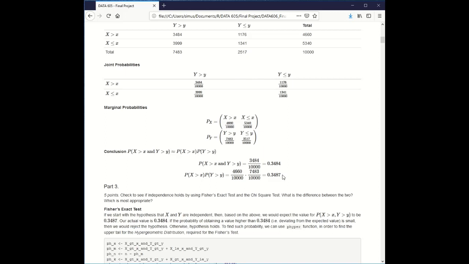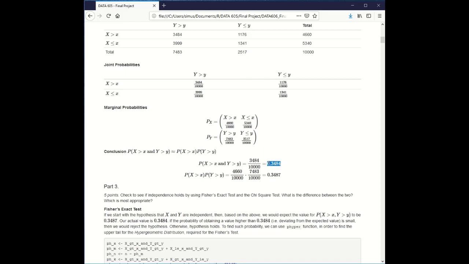So at the end we can say that the two sides of the equation are pretty much equal. When we multiply the probabilities of the two events independently, we get the value of 0.3487, which is what we expect if x and y were truly independent.